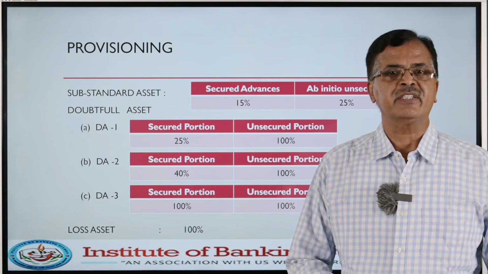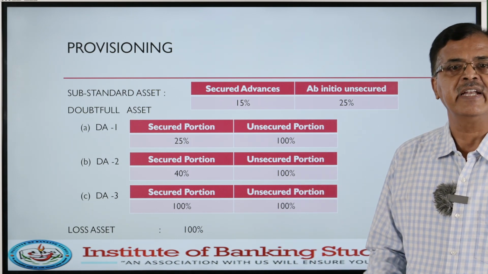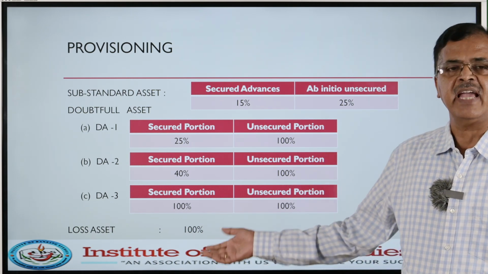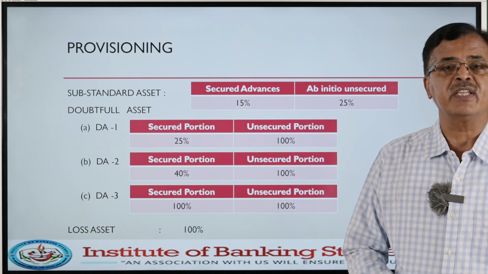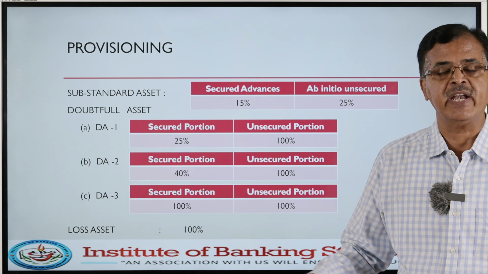Another category of asset is also there as per IRAC norms. It is the loss asset. An asset can be considered a loss asset when more than 90% of the security value has been eroded.